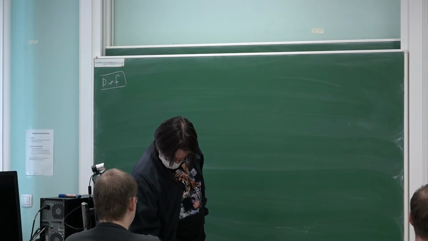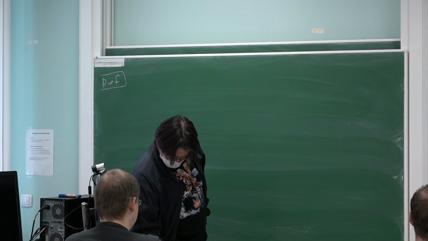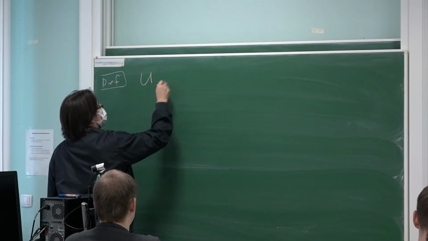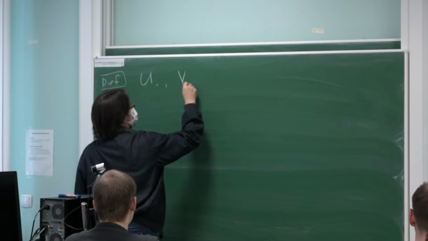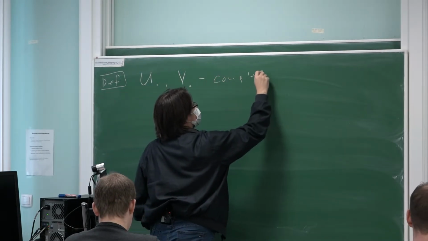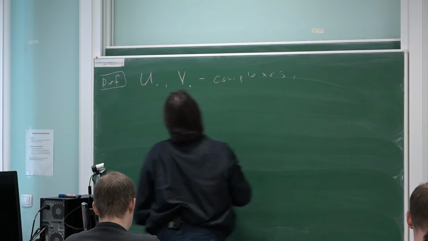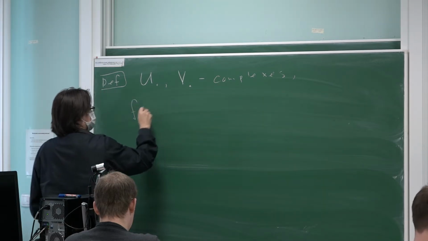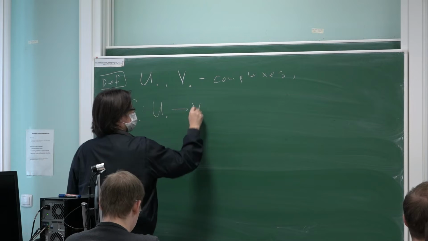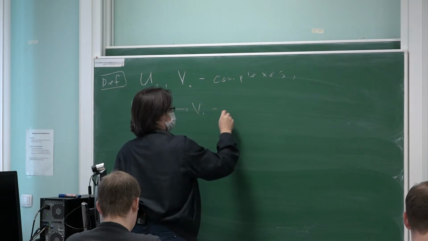Okay, let them be U and V. U and V are two complexes. And f from U dot to V dot is a morphism of complexes.